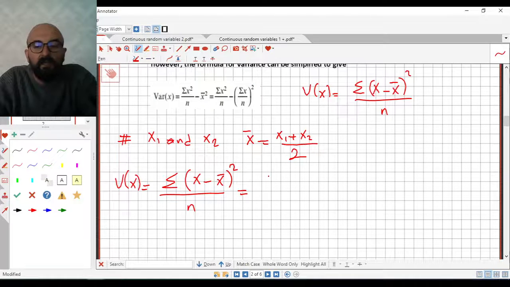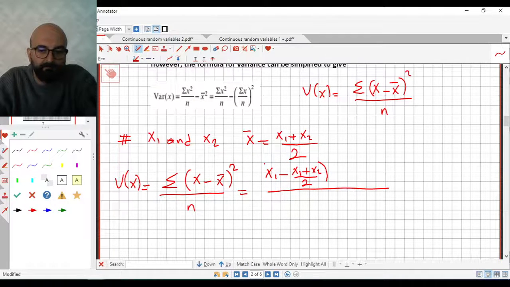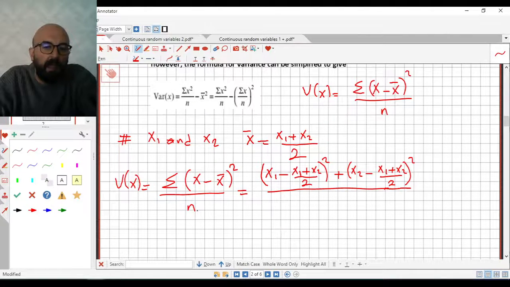It means our x is x1, so (x1 minus (x1 plus x2) over 2) squared, plus (x2 minus (x1 plus x2) over 2) squared, and we have two data, so over 2.